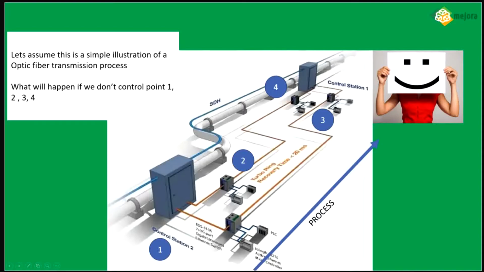We have four smaller control stations, which ensure that the speed of the internet is consistent. Now assume that we don't monitor these four points at all. Maybe we monitor the larger one, and we don't monitor after that. What happens after that, right?